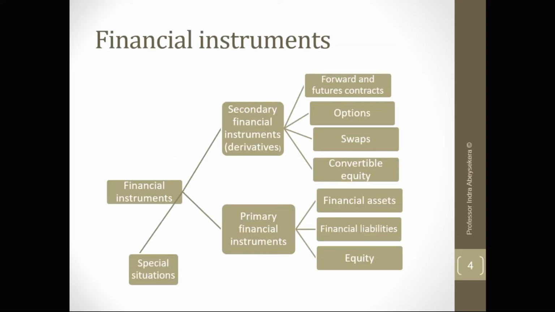When we talk about financial instruments, there are two types, primary and secondary. When we talk about primary financial instruments, we are in fact referring to financial assets, financial liabilities, and equity.